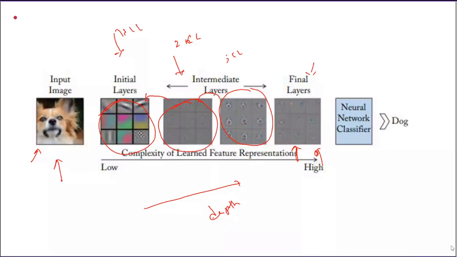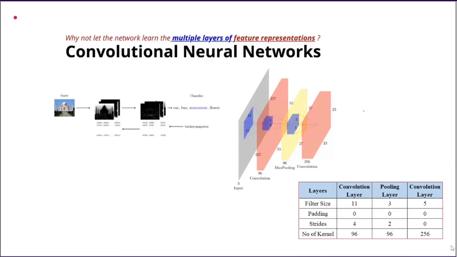So I think we can wind up this first session. I will give you one activity. Take this picture. Here the dimensions of the input image are 227 by 227, where we are applying 11x11 filters.